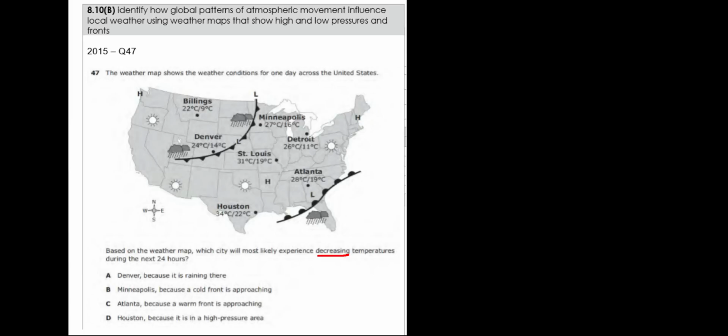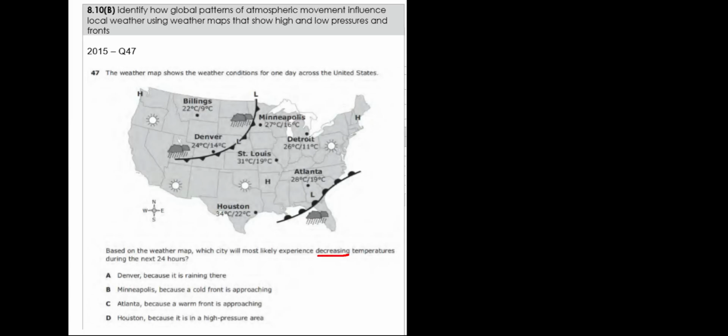So if we're talking about the temperature of something and it's going down, that should let you know that it's talking about getting cold. If it was increasing as far as temperature, we would know that it would be getting hot. So we need to be focusing our attention on cities that would be experiencing decreasing or cold temperatures during the next 24 hours.